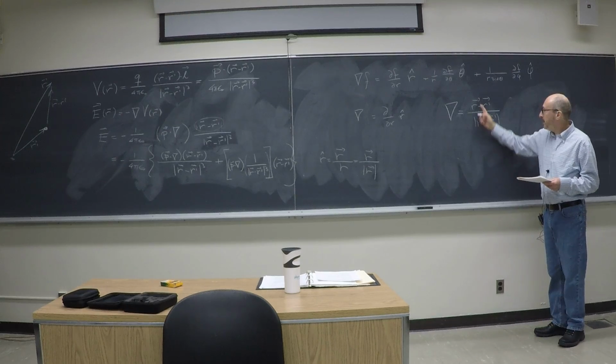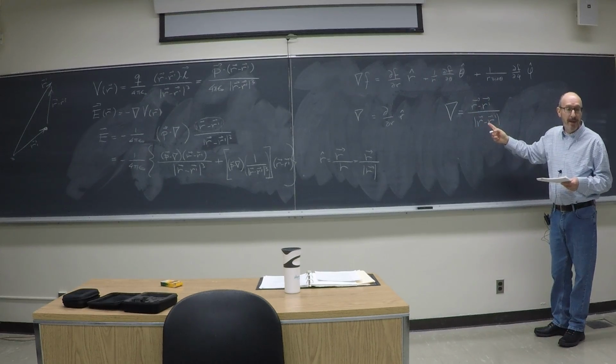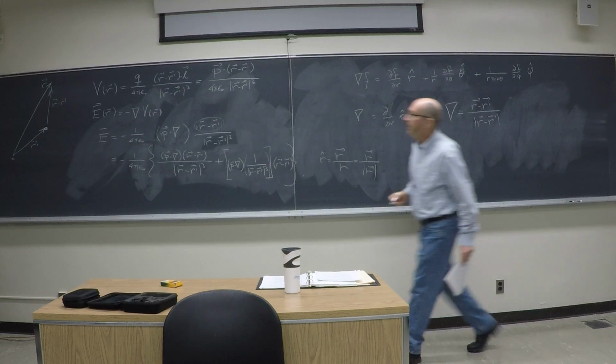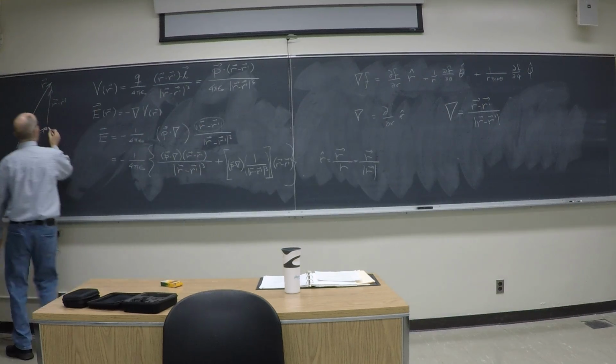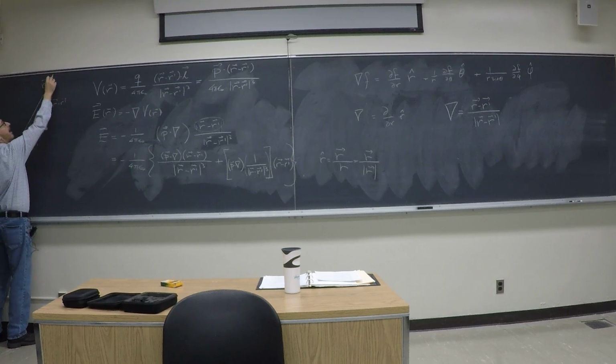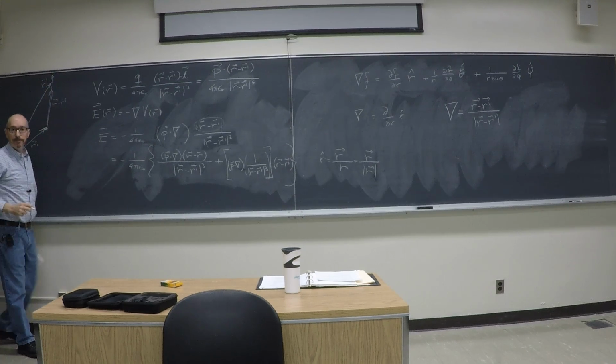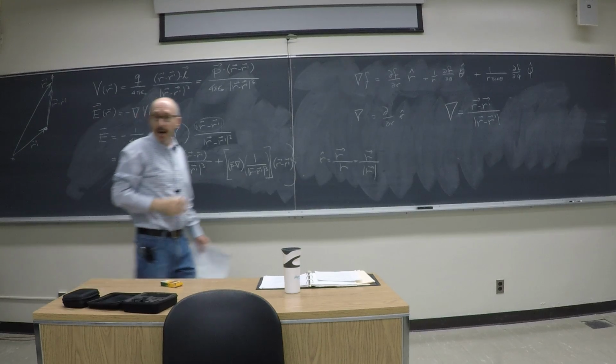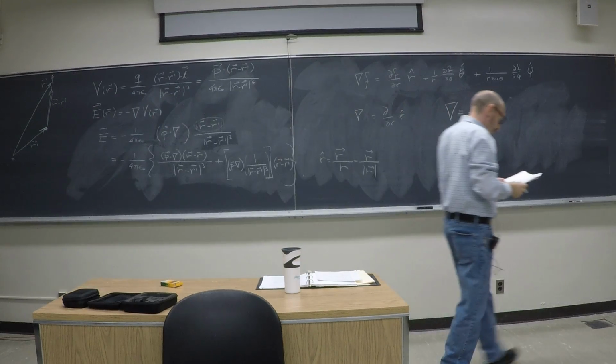And then this is the unit vector now in the direction of interest to me, which is this one. I'm observing from here, this is the vector r minus r prime, and this is the unit vector in that direction. Okay? R prime, remember, is a fixed vector.